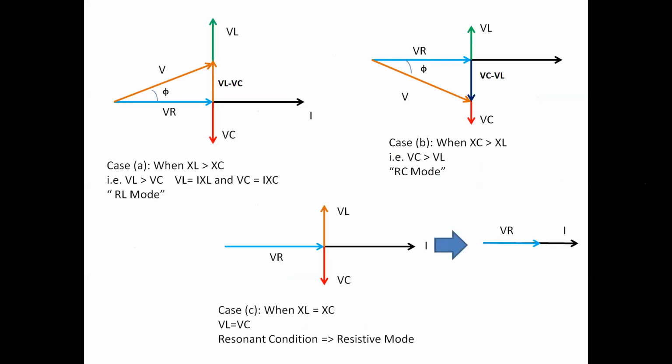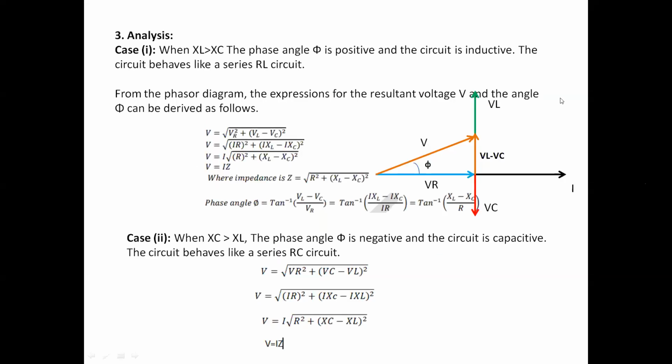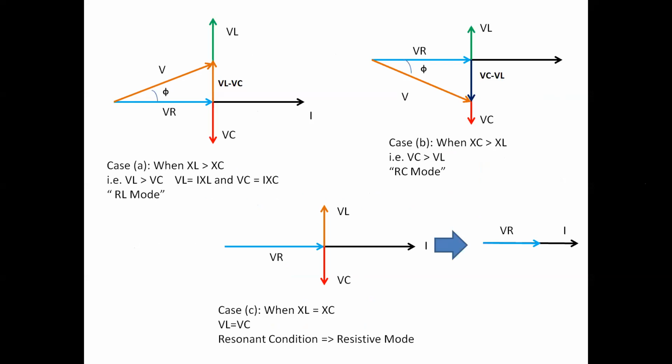When the capacitive drop is greater than the inductive drop, you can draw the vector diagram as shown in figure B, under the caption case B. It is the same vector diagram, but while drawing it, since XC is greater than XL, we have chosen vector length VL smaller than vector length VC, because VC is greater than VL. You can make out the difference between case A and case B.